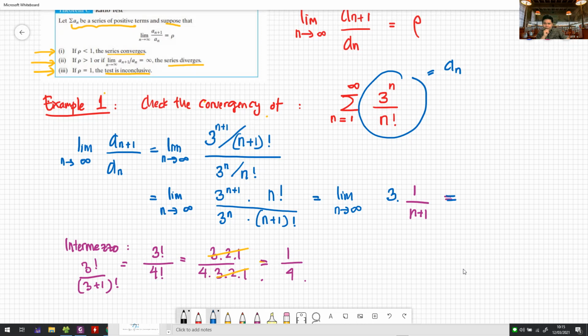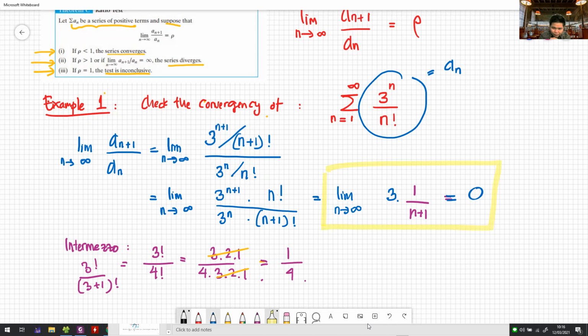If n goes to infinity, what do we have? The limit. What is the limit? Is it zero, sir? Zero. Okay. Correct? Don't be confused. So, what do we have for rho?